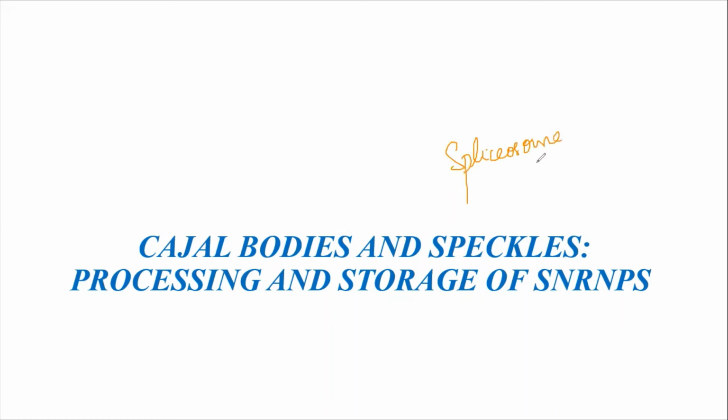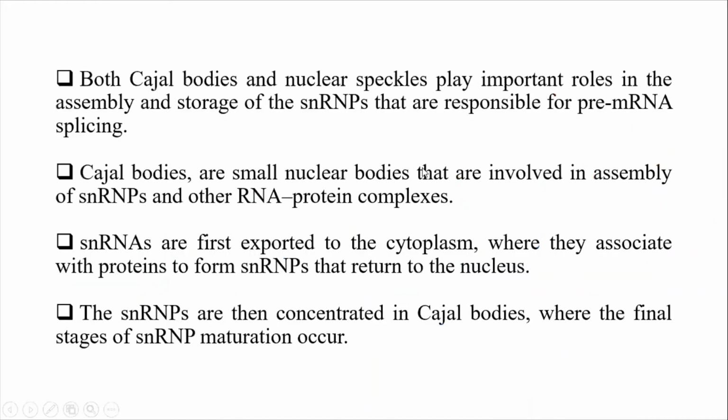If you remember, we discussed them in intron splicing, where U1, U2, U4, U5, U6, the different types of spliceosome proteins, help in the intron splicing, where the lariat formation happens, etc. Okay. So both Cajal bodies and the nuclear speckles play an important role in the assembly and the storage of your snRNPs, which are responsible for the splicing.